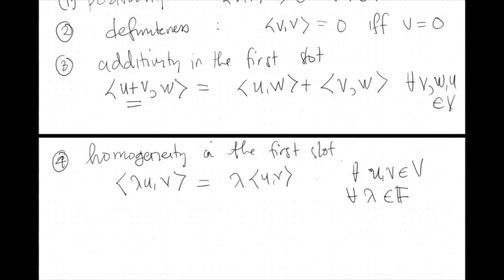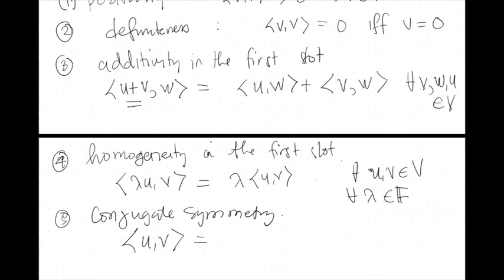And lastly, we get the fifth property. We call this conjugate symmetry. This is how it's given. The inner product of U and V is just equal to the conjugate of the inner product of V and U. This is for all U and V in the vector space.